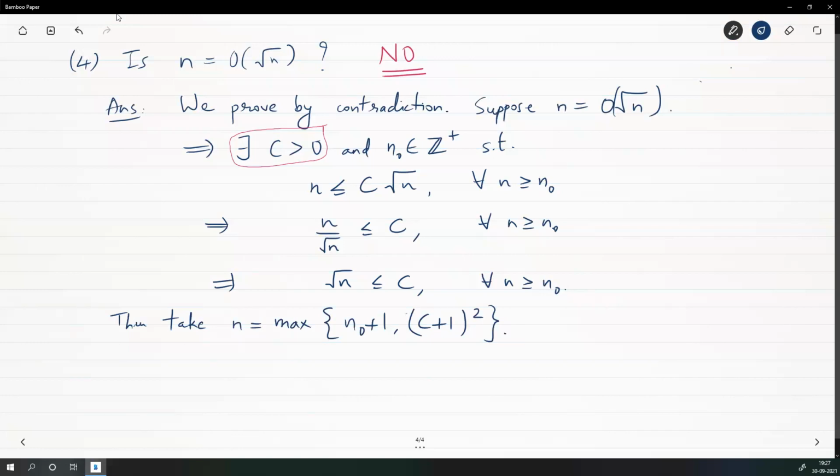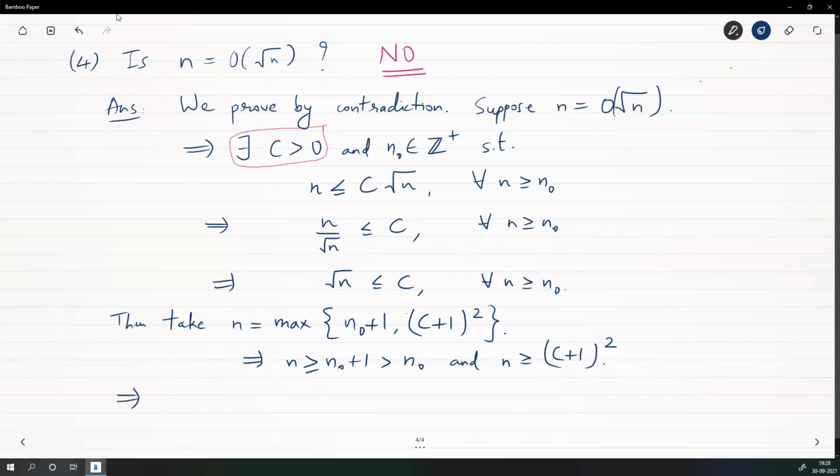What does maximum mean? This implies n is definitely greater than n naught, because it is greater than or equal to n naught plus 1, and n is greater than or equal to c plus 1 squared. We have both of these.